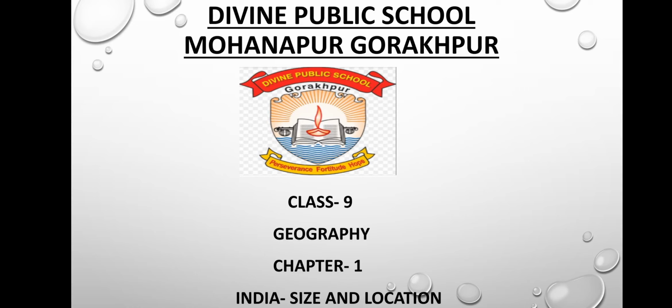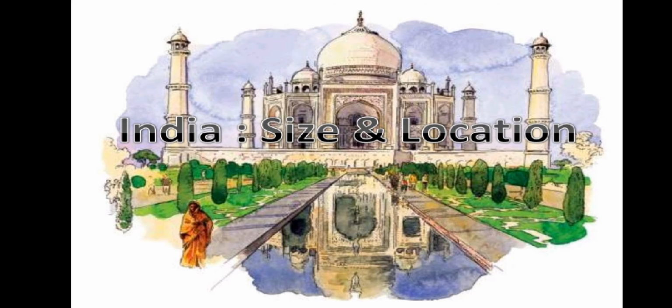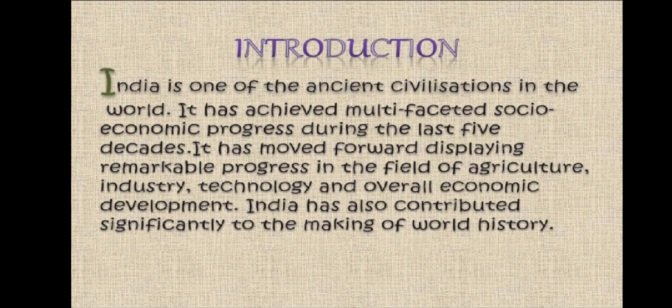Today we are going to study the first chapter of geography of class 9, that is India, size and location. Now, if we talk about our country, it is one of the ancient civilizations in the world, and it has achieved multifaceted socio-economic progress during the last 5 decades.